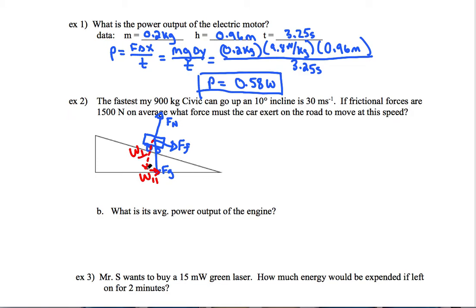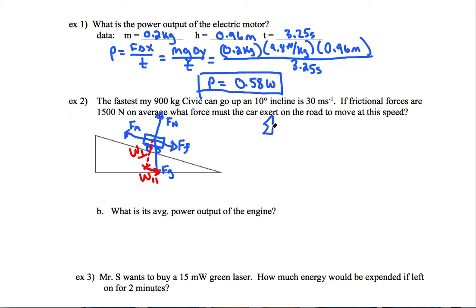The reason this is important is that the weight parallel part is going down. So in order for the car to be moving up the ramp, there must be an applied force, and if it's keeping this 30 meters per second, in other words constant, then the applied force that the car is pushing on the ground, and hence the ground is pushing on it, has got to be equal to that weight parallel plus that frictional force.